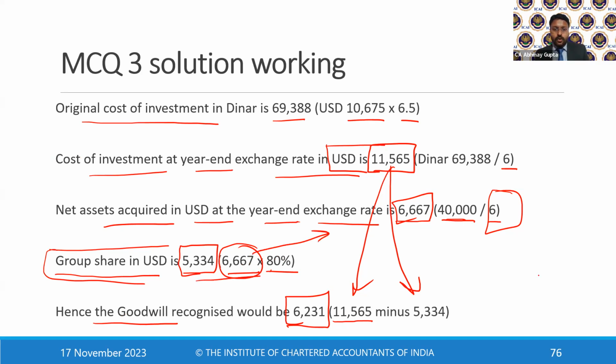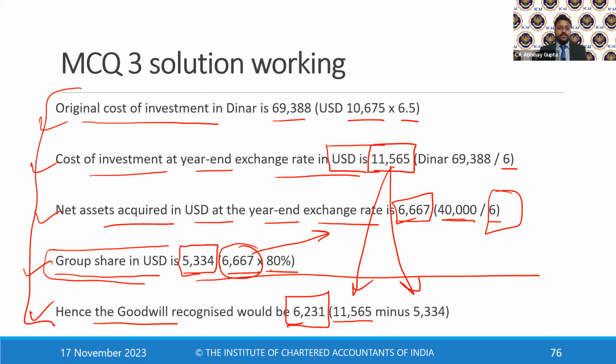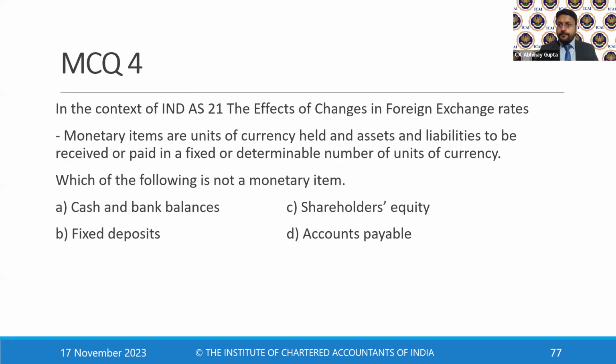So basically you can do all the calculations in a single line and present it, provided you are versed with the concepts. Otherwise, definitely you can present the step calculations, although it will take some extra time, but it will be easier for you as well as the examiner to understand what you are trying to do in the solution, right? But anyway, if your answer is correct, either by giving the whole presentation of the solution in the MCQ or just by giving a simple one-liner calculation, you will get the full marks provided the answer is correct, right? So that is your choice and you can decide upon it.